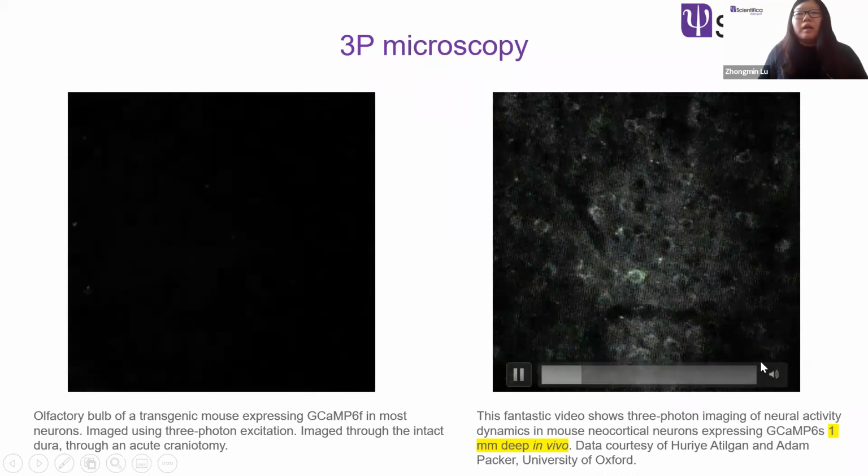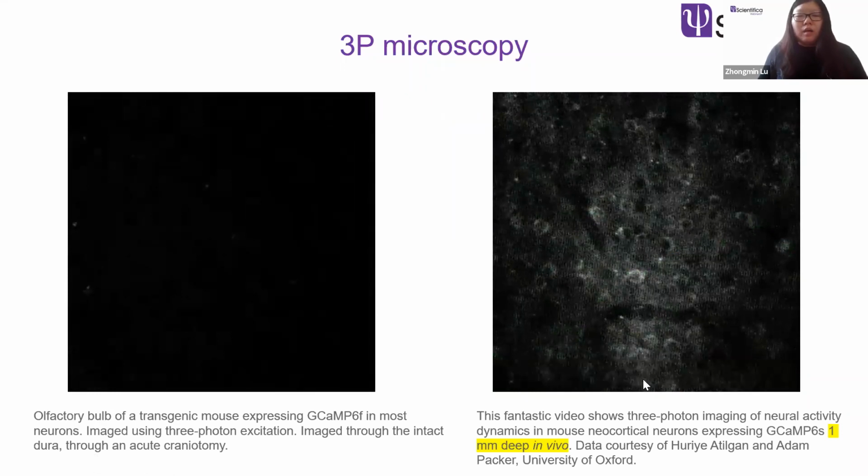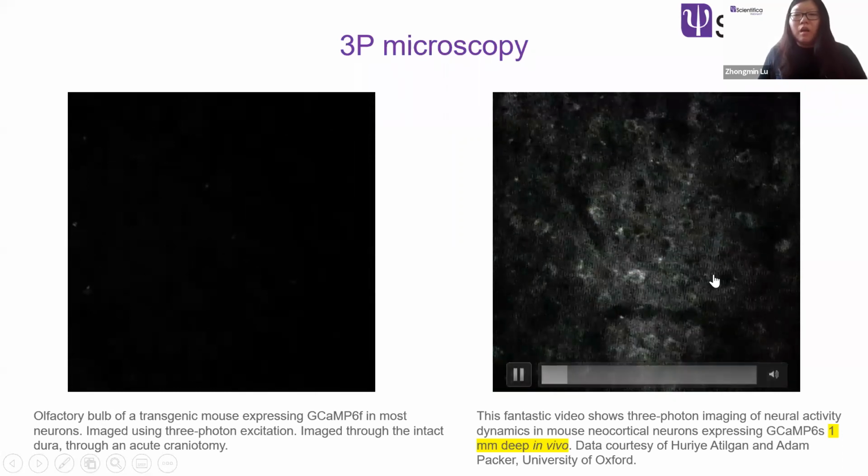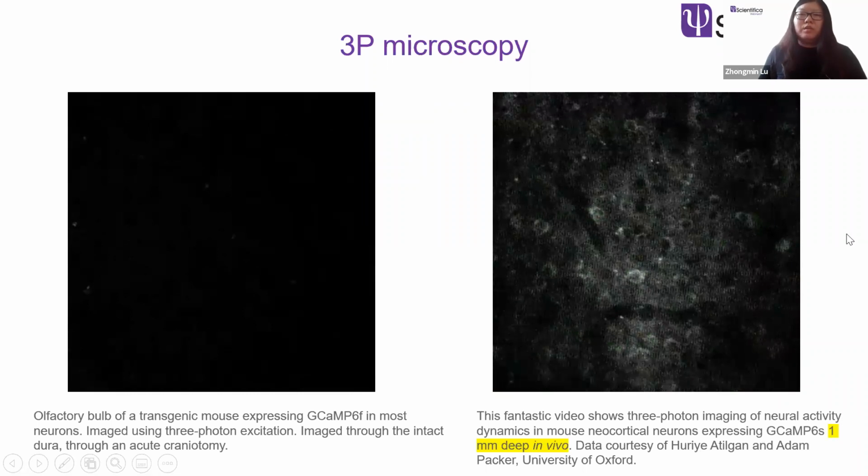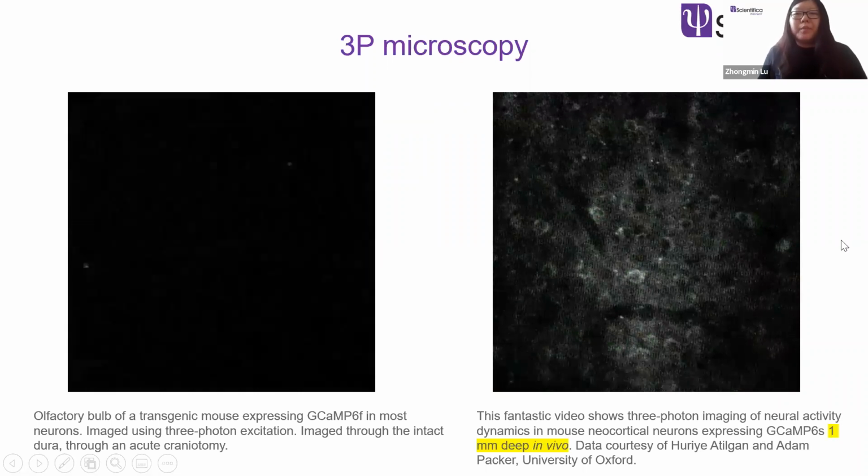And this is kindly provided by scientists from Adam Packer's lab, University of Oxford. They can capture the neuronal activity as deep as 1 millimeter in vivo, which is really, really nice.